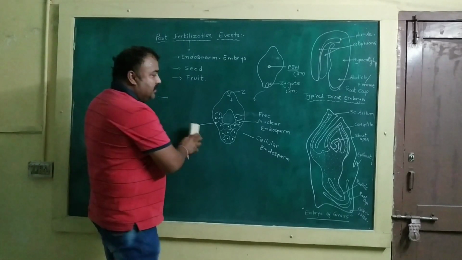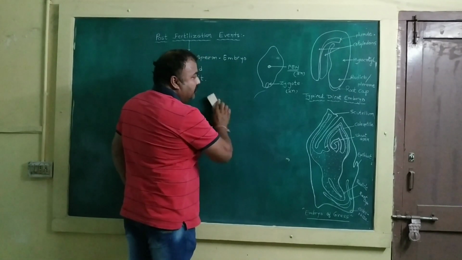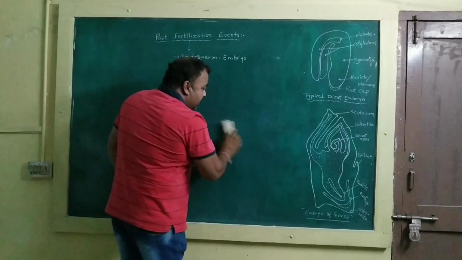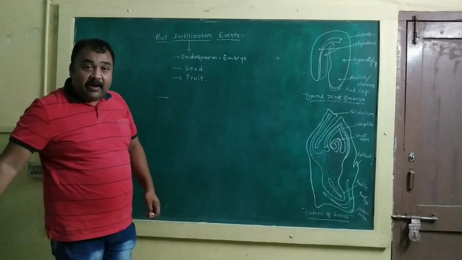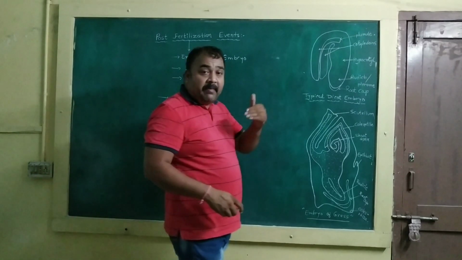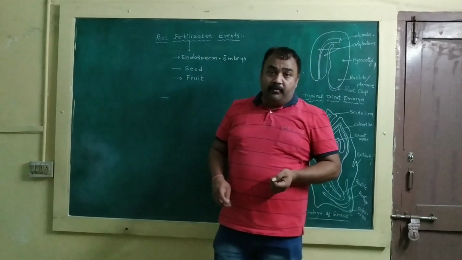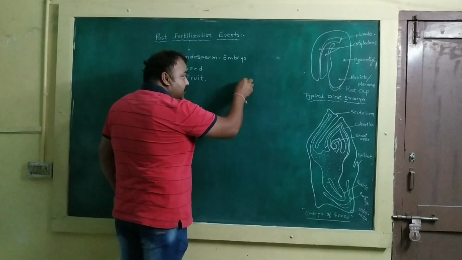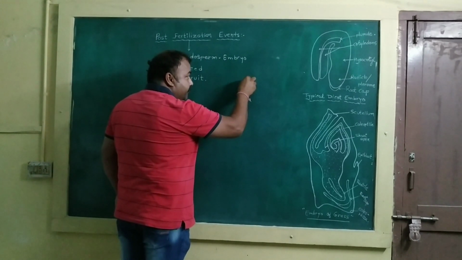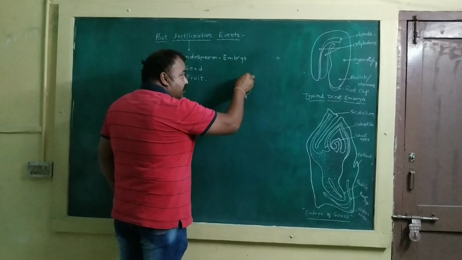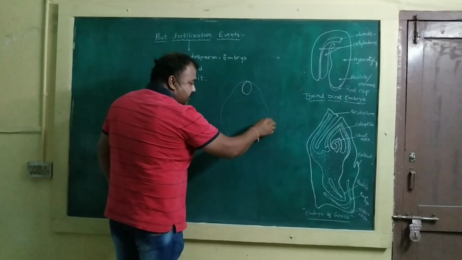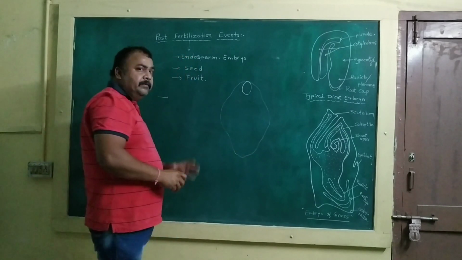Now we will discuss the development of embryo from the zygote. As I told you earlier, the zygote is located near the micropylar end of the ovule. And see, this is the zygote. This is the female gametophyte. Just imagine virtually.